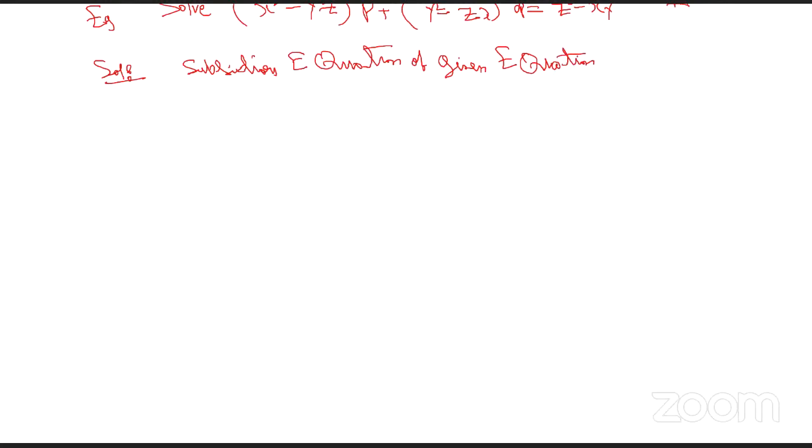dx by x square minus yz equals dy by y square minus zx equals dz by z square minus xy, right?